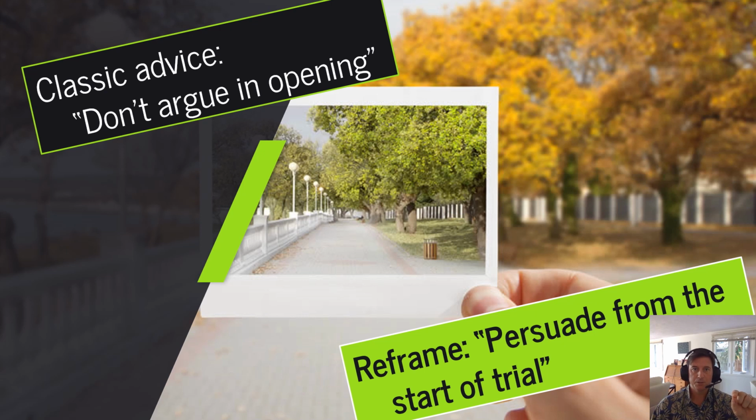So if you have a choice between including a sentence that doesn't really further your mission, it was just in the packet, somebody said it should be in there, justify it. Why does it have to be in there? Does it serve to persuade, even if it's just a mere fact in the case, even if it's a forecast of what a witness may say or what an exhibit may go to? So think about reframing this. You're going to persuade from the very start of trial, from the moment words come out of your face.